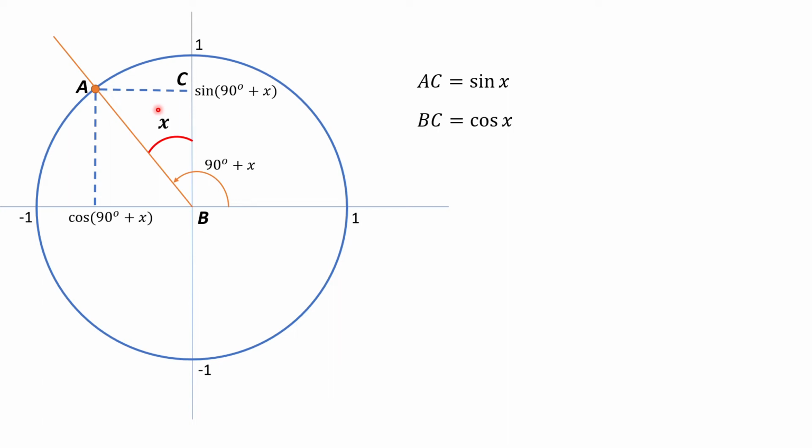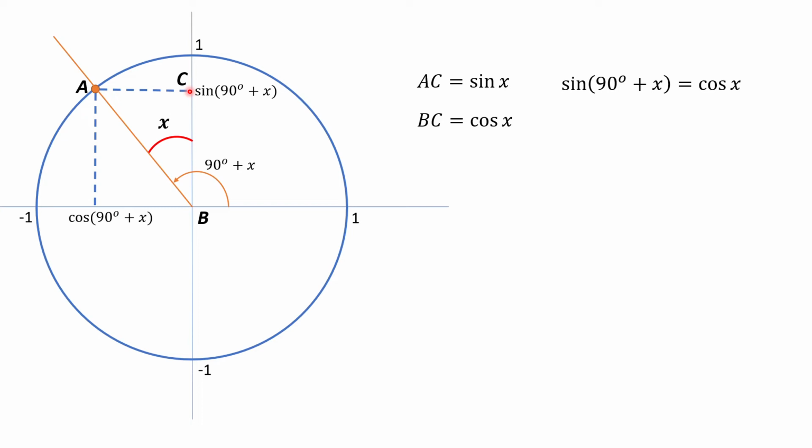BC is cosine of x. Right? But now look what's happening with the vertical coordinate. The vertical coordinate of point A, sine of 90 plus x, equals the length BC. But length BC is cosine x now. So sine of 90 plus x will be cosine x.